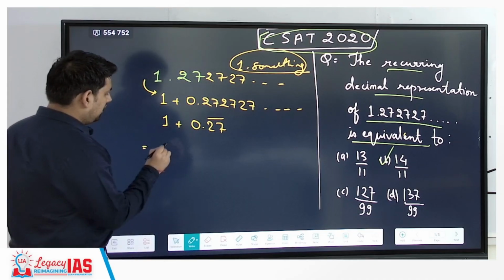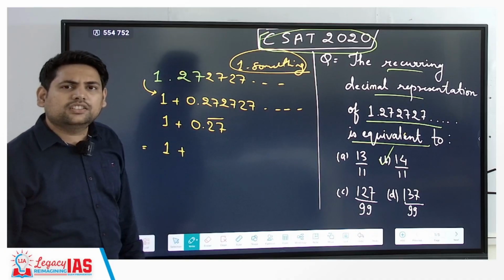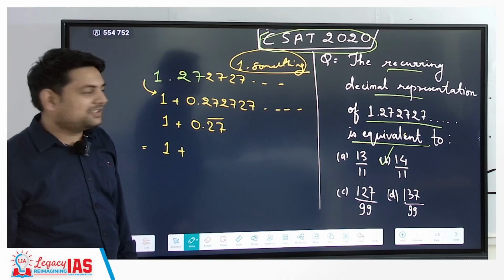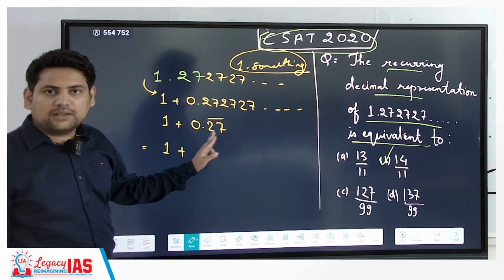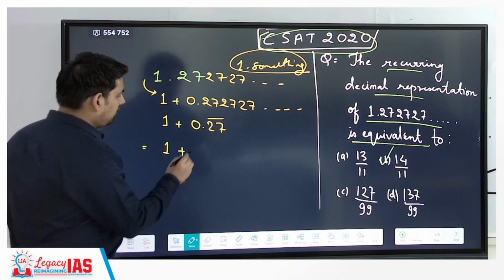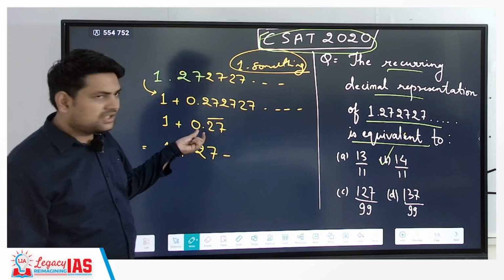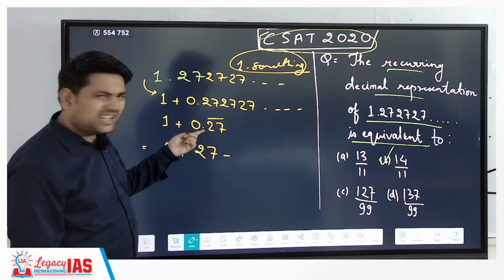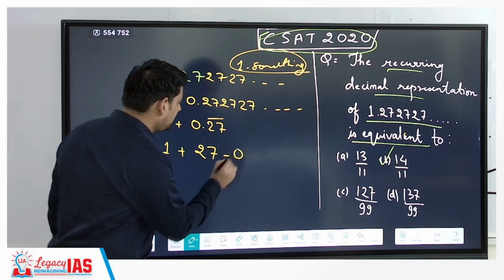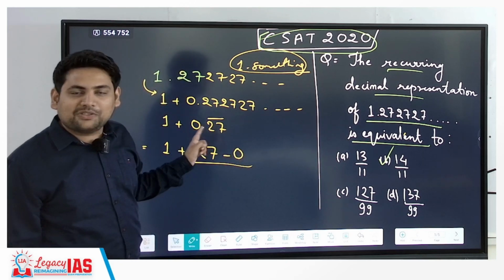Now let the 1 be there only. 0.27 bar, how would you write it? We have learned the process now. First you start with the numbers after the decimal. What are the numbers? 2, 7. Now you subtract all the numbers after the decimal which do not have a bar over them. Is there any such number? No. So minus 0, upon the number of numbers that have a bar over them after the decimal.